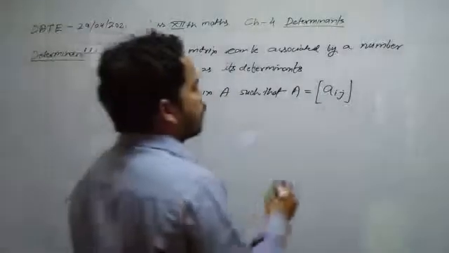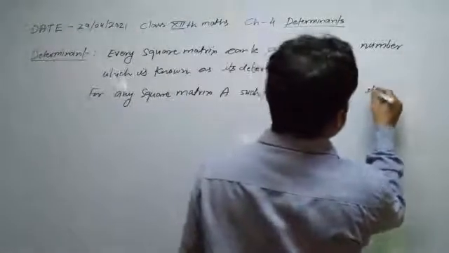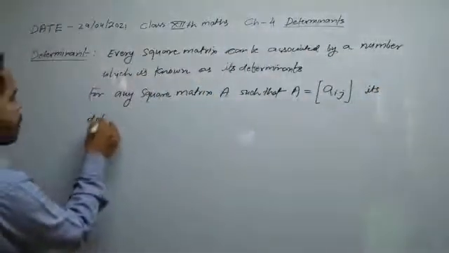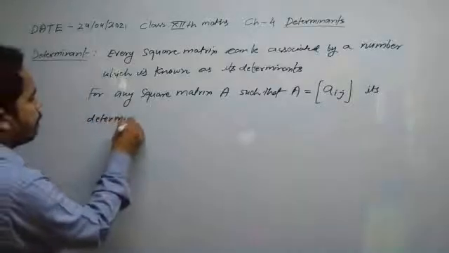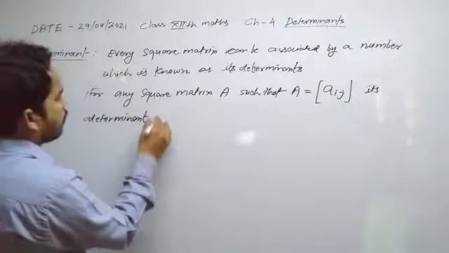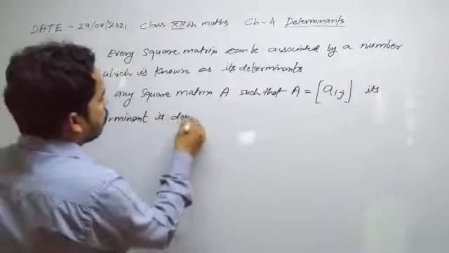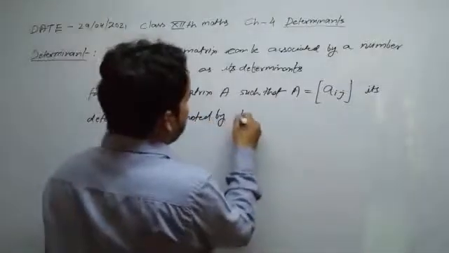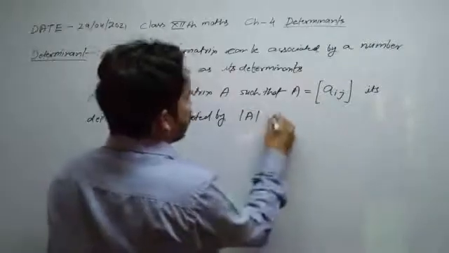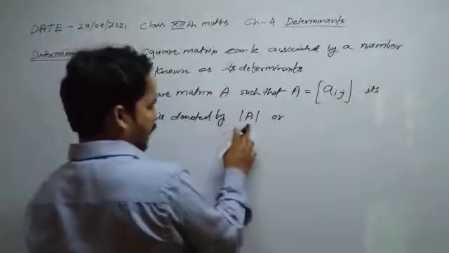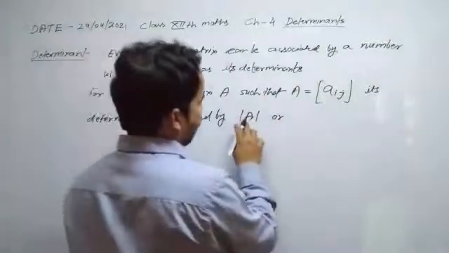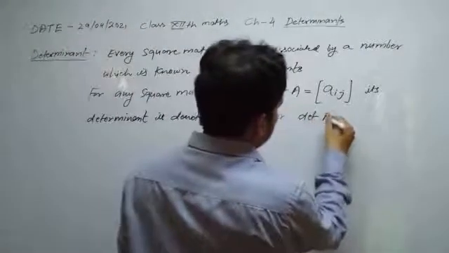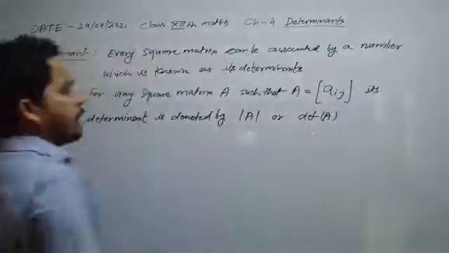Its determinant is denoted by A between two vertical lines, or det of A.